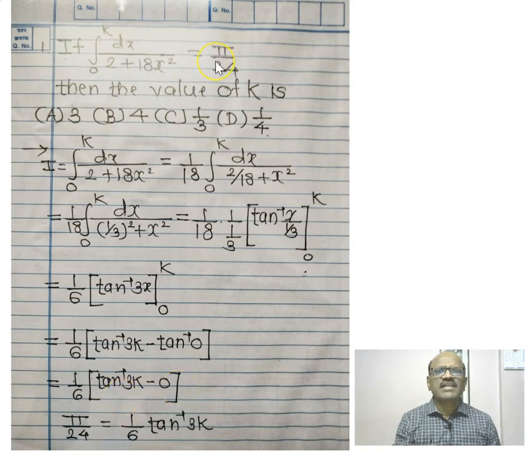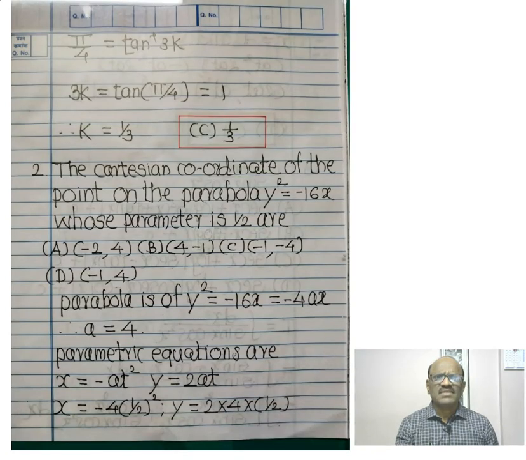But we have been given that it is pi upon 24. Therefore pi upon 24 is equals to 1 by 6 tan inverse of 3k. Here the denominator is 24 and here is 6, therefore we can cancel, or multiply on both sides by 6. Now see the simple calculation. That is pi by 4 is equals to tan inverse of 3k.